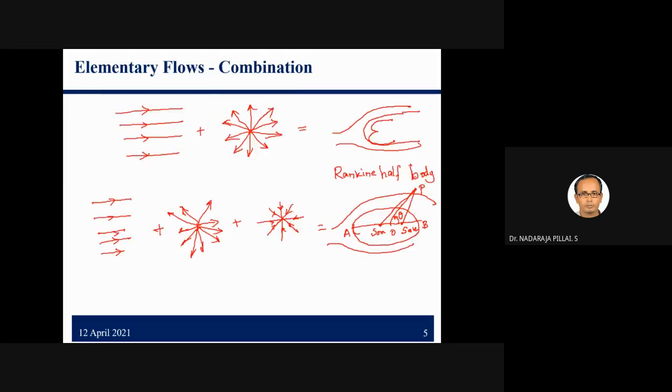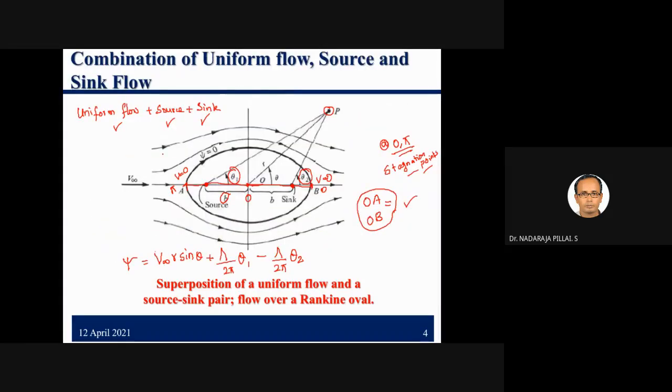So let us say this is the Rankine oval, and we have point A here and point B here. We want to calculate this OA and OB. Now at point A, the velocity faced by point A is V infinity.